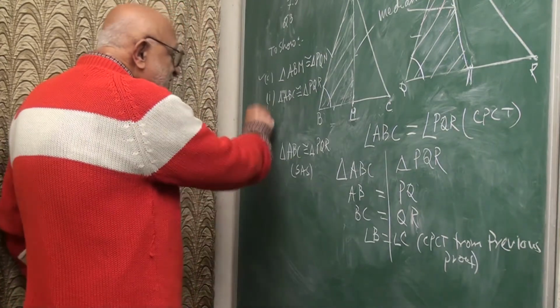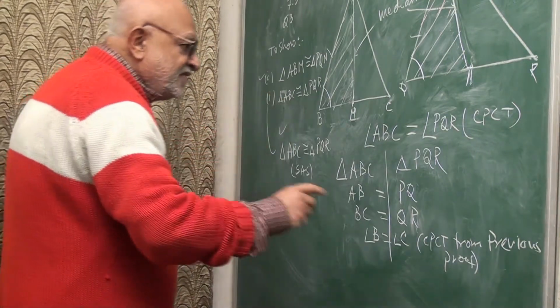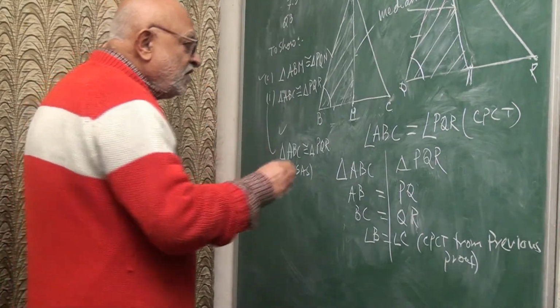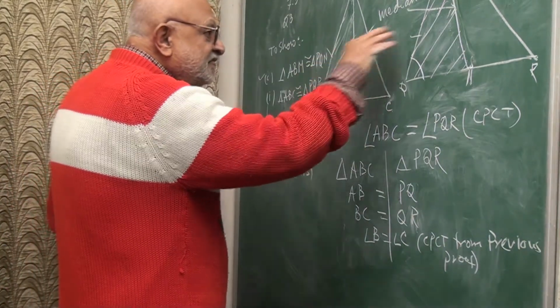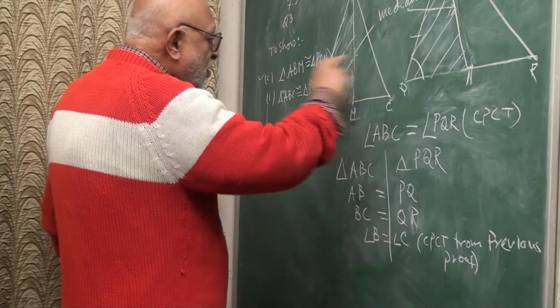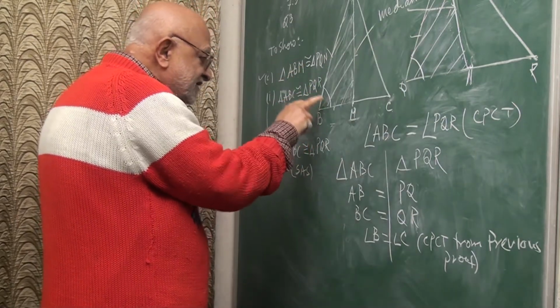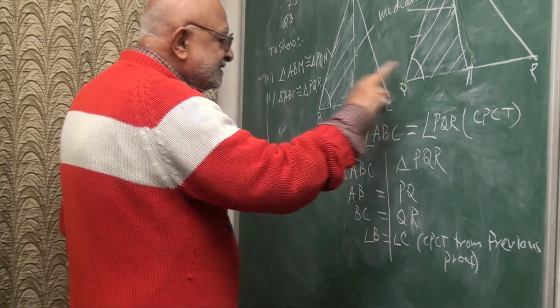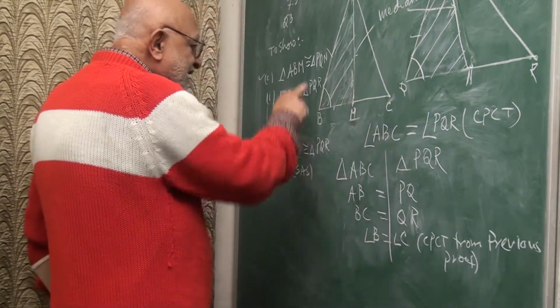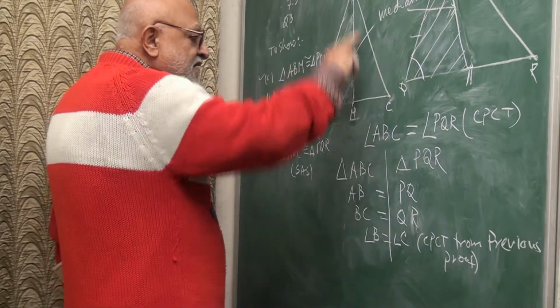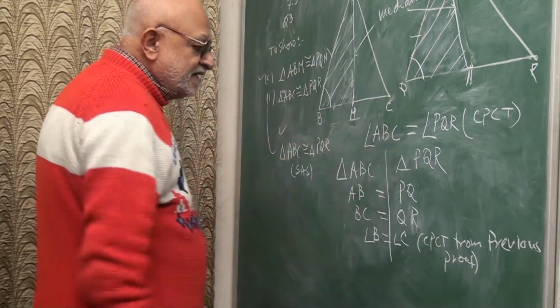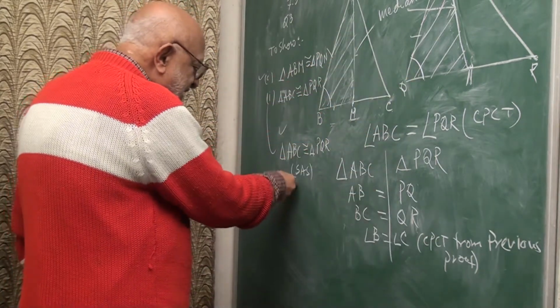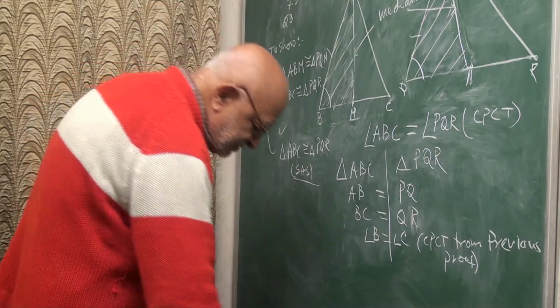So this is done. This is very, very easy. You have to be careful when you have proven these two triangles congruent. You have to pick up that this side and this angle are also equal by CPCT, so that in the next proof of the whole triangle you can use this equality to prove congruency by SAS. So this is done.